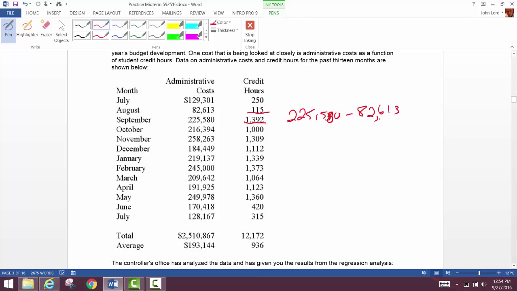And then what? 258,263. Okay. $258,263, you say? Minus the 82,613. We're still in agreement that is the low? Okay. And then I'm going to divide that by what?